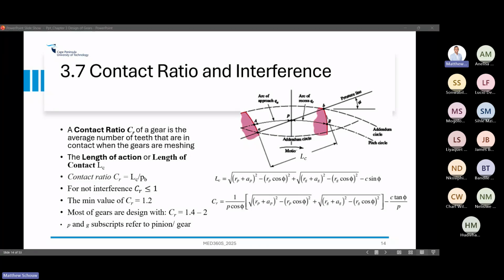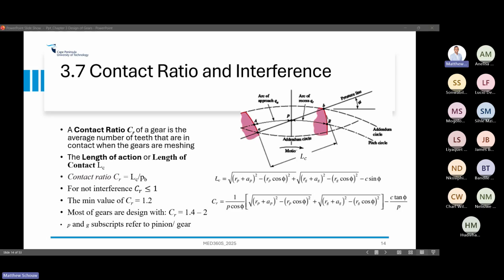So normally you'd have something like, yeah, there we go. One would be the path of approach, then the path of recess, and you sum those two up, and then you actually get the path of contact, which is that formula over here. Okay.